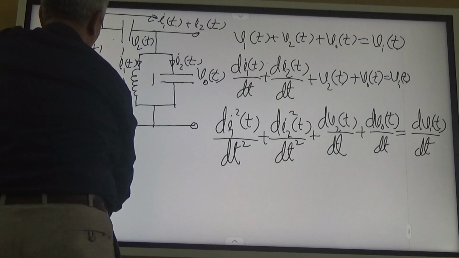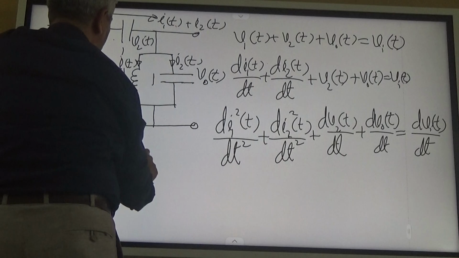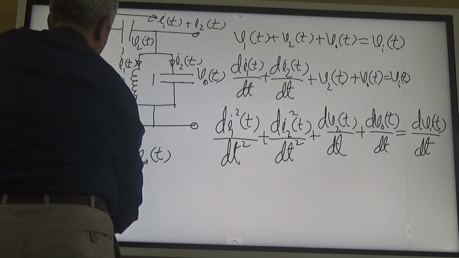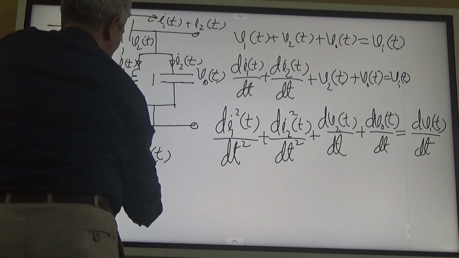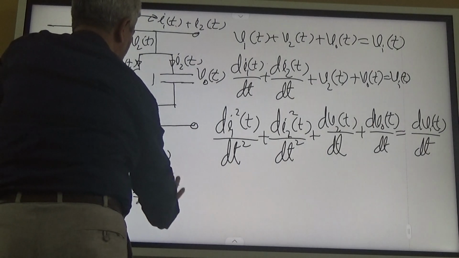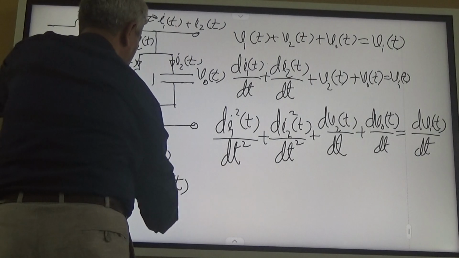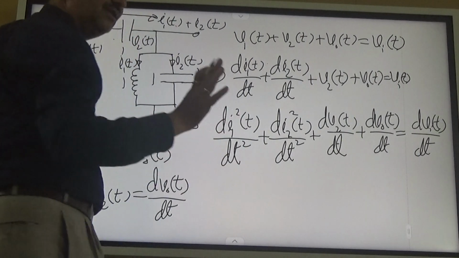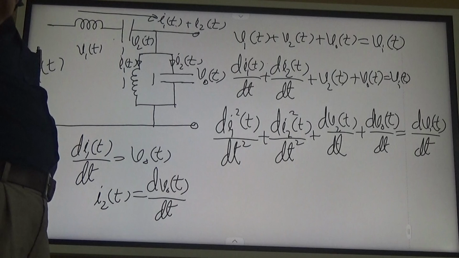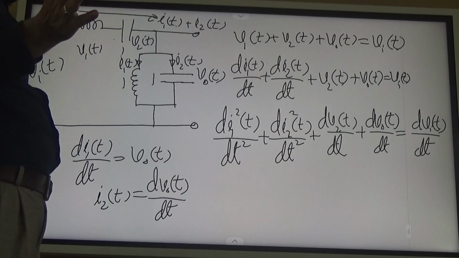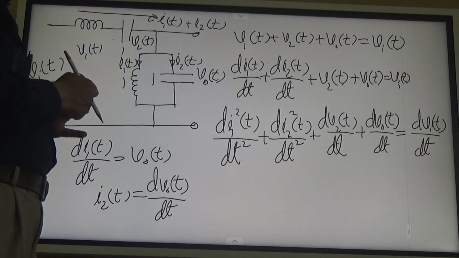dI1(t) upon dt is V0(t), and what is I2(t)? I think nothing is left here. Is it right?